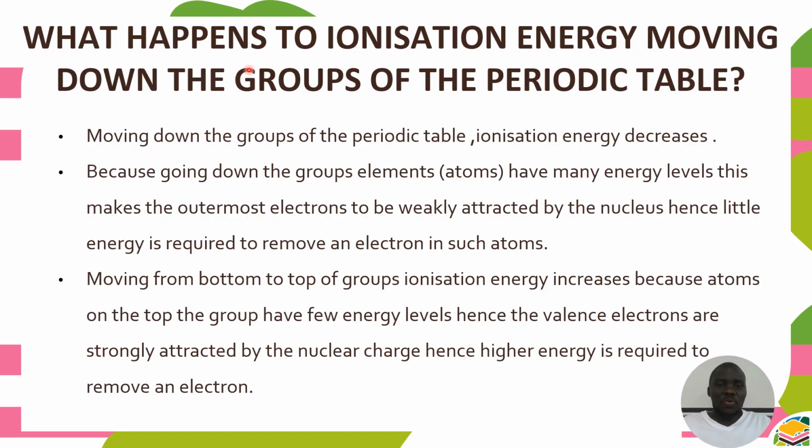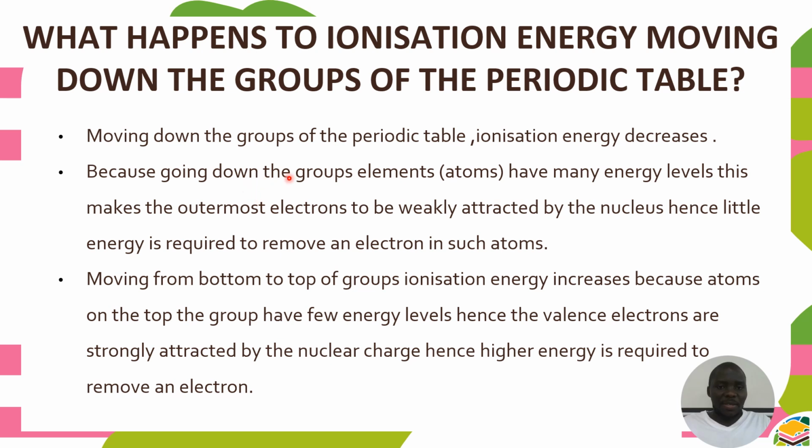So what happens to ionization energy moving down the groups of the periodic table? As we go down the groups, we need to know the following. The number of electrons as well as protons increases.